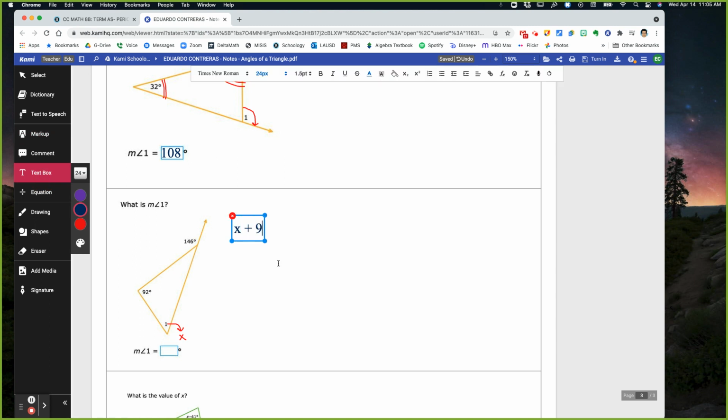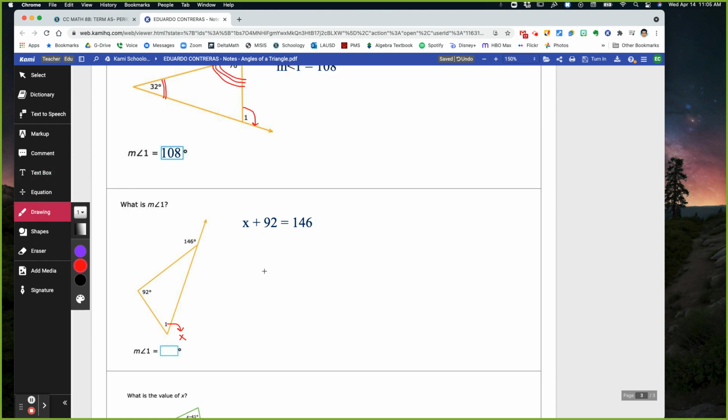Now it's just a very simple equation. Subtract 92 from both sides. So take away 92.